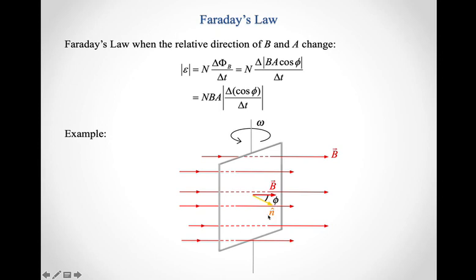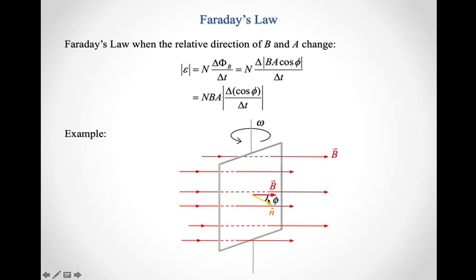Again, notice this is simply our normal vector, the direction that the area vector A will lie in. As my loop rotates, that's going to line up with B. It's then going to turn away from B. It's going to be perpendicular to B when its orientation is pointing over here. It's going to continue to swing around until it points in the opposite direction of B.